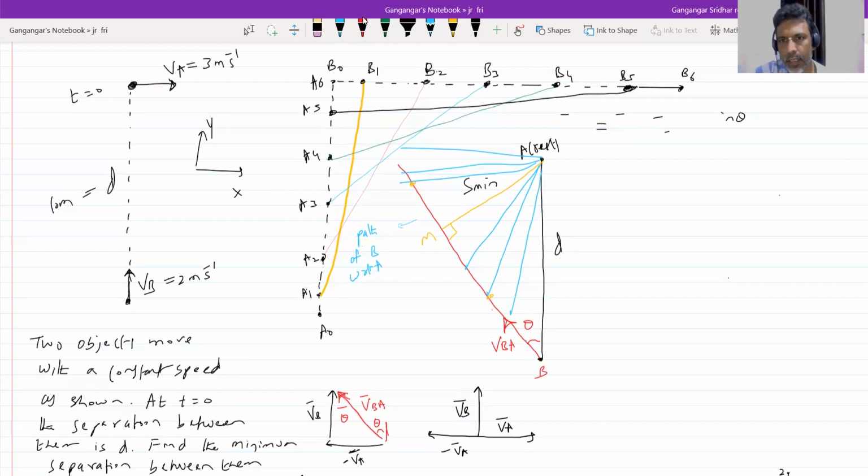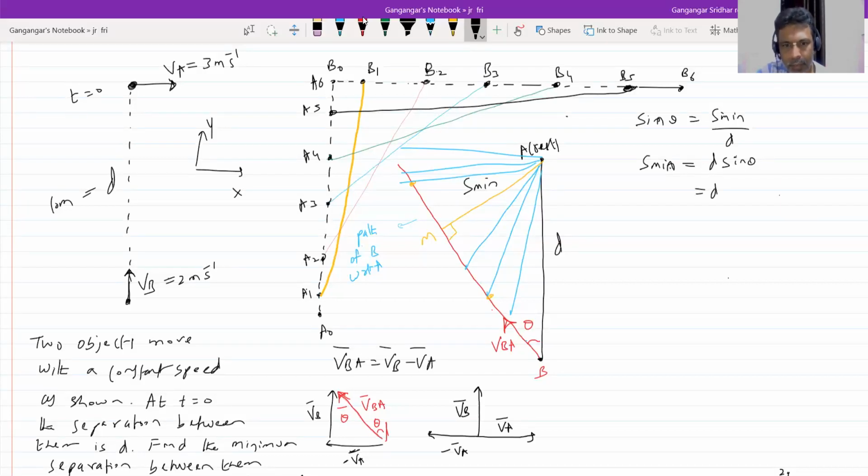I'll write everything at one place, you'll get confused. VBA. From the vector diagram, we brought it. Okay, let's come for this. Sine theta is equal to... what is sine theta from here?